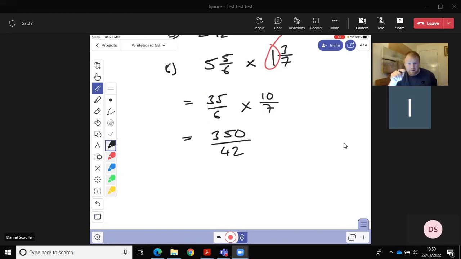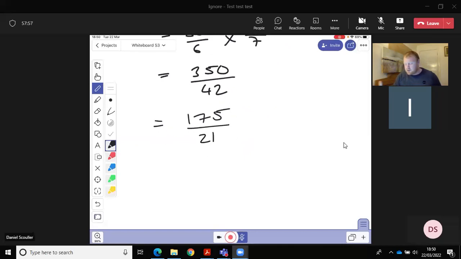So I can half 350 because it's an even number, and I can half the 42. Half of 350 is 175. Half of 42 is 21. That makes it a wee bit more digestible. It's still pretty horrible, but a wee bit more digestible. Now I need to know how many whole numbers go into 175.